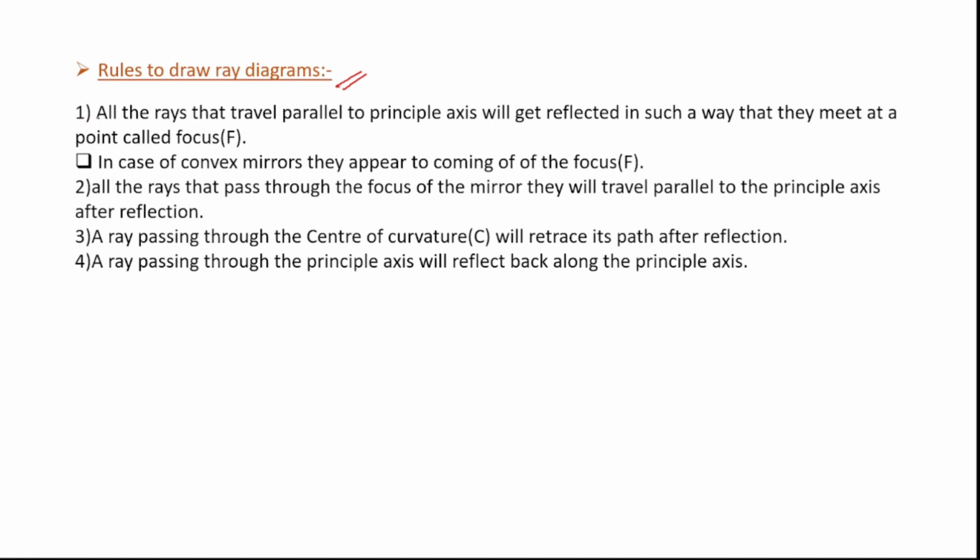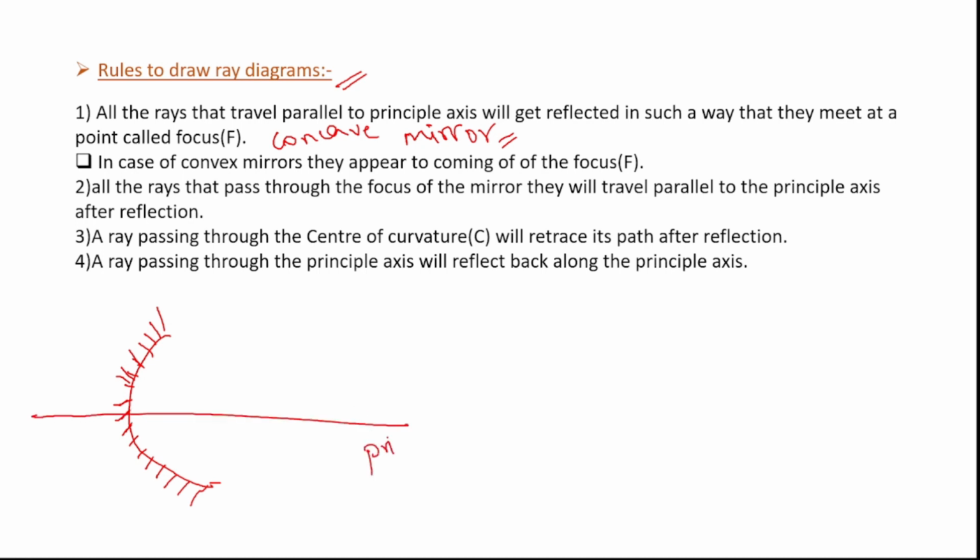Okay, first one. All the rays that travel parallel to the principal axis will get reflected in such a way that they meet at a point called focus. So this is in case of concave mirror, right? So what he is saying, let us first draw a concave mirror. This is a concave mirror, right? So definitely it will have a principal axis. Whenever a ray travels parallel to the principal axis, it will get reflected.